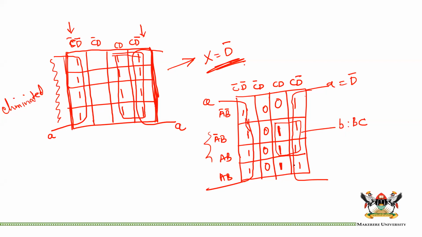Now we are left with the 1 which is not yet looped, because remember this one is looped in that loop. This one is not looped. So we can loop it in a loop of 4 with those, meaning that my loop C once again gives me C, but on this side, that's B inverse. B is changing from B to B inverse, so I have A, right? So we have a scenario where we have a one like this one, which has been looped 3 times, which is fine as long as every time you loop it, you are looping some that have not yet been looped.